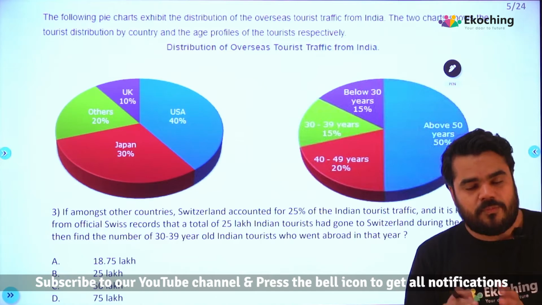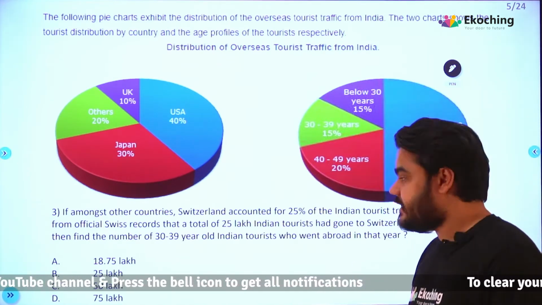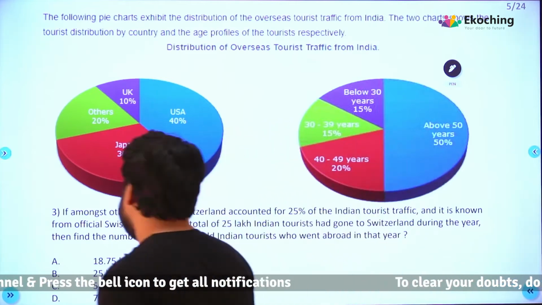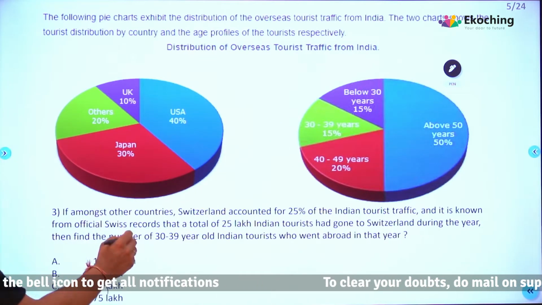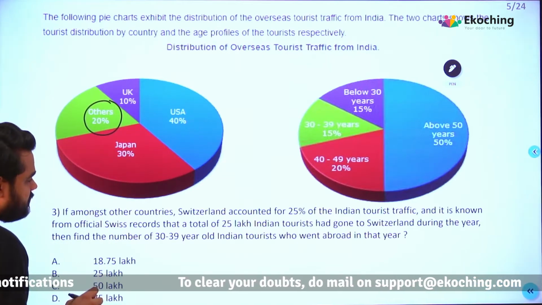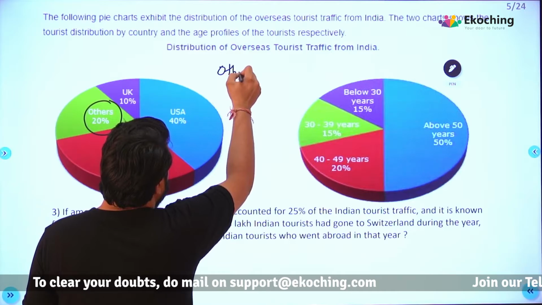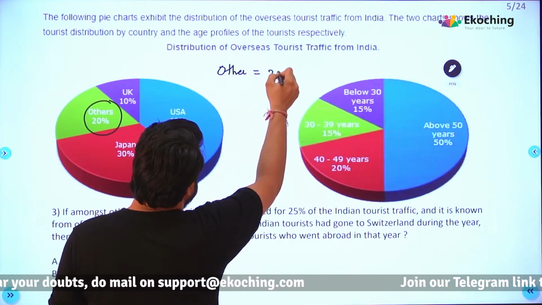Okay, so I hope by now you have tried the question and you have marked your answer. Let's hope it is correct. Okay, let's try it together. If amongst other countries, so other countries is this, they represent 20%. So other countries, let me just mention it. Other countries, 20%.